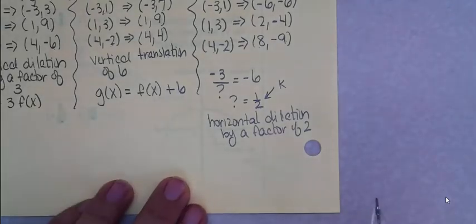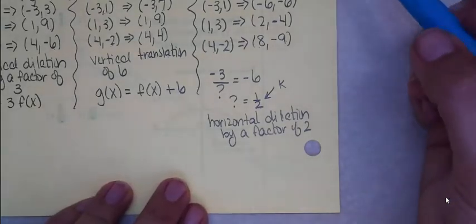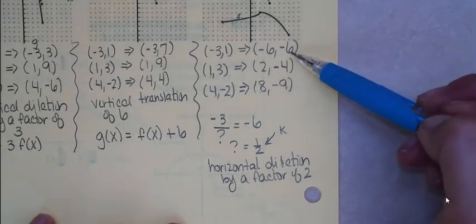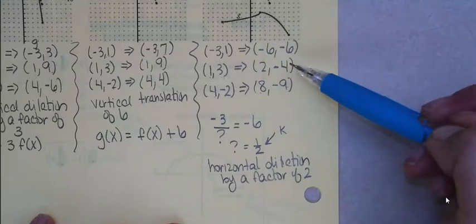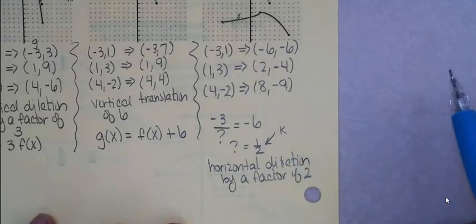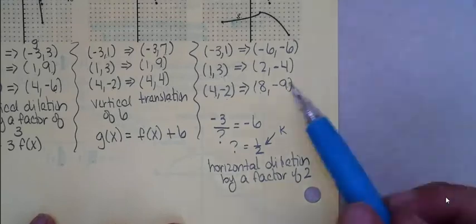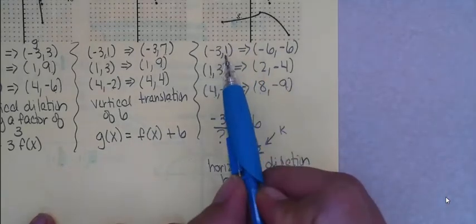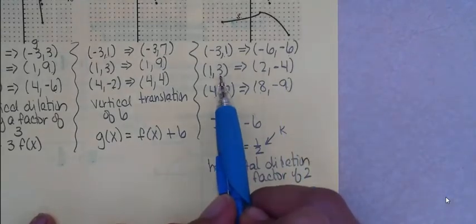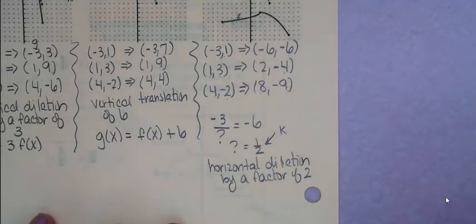And then I also know that, let's look at our y's. So I went from 1 to negative 6. I went from 3 to negative 4 and negative 2 to negative 9. So can I multiply everything by something? I think we already said we know we don't have a vertical dilation, but let's just double check. If I wanted to go from 1 to negative 6, I'd need to multiply by negative 6. Well, that's not going to work on the rest of these to give me these outputs.